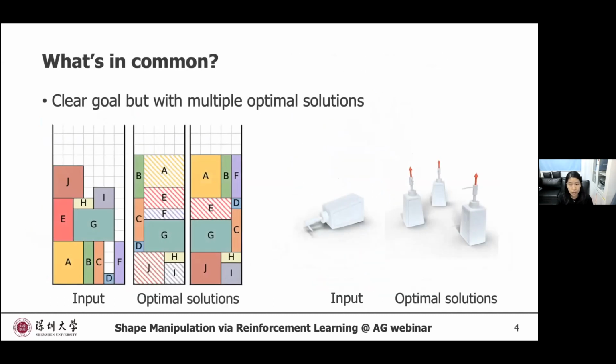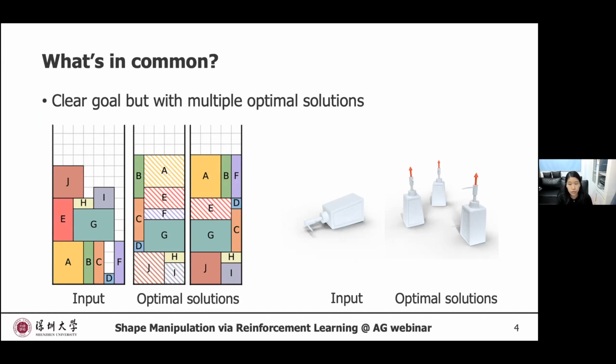One common property shared by those two problems is that although they both have very clear and quantifiable goals, there might be multiple optimal solutions for the same input. That is, the optimal solution is not unique.